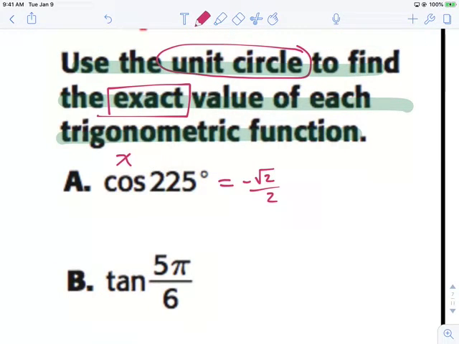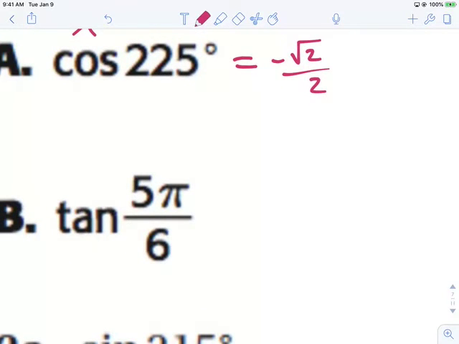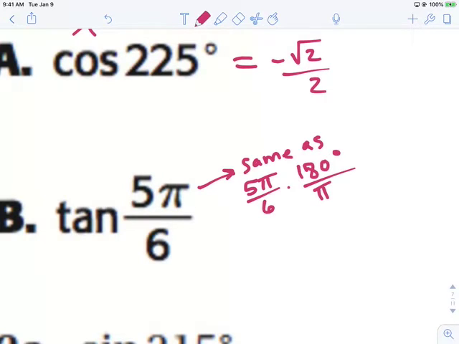5 pi over 6, so I'm going to be looking in radians, just to get practice knowing where this is going to be. This is going to be the same as, well, let's convert it. 5 pi over 6 times 180 degrees over pi rad.